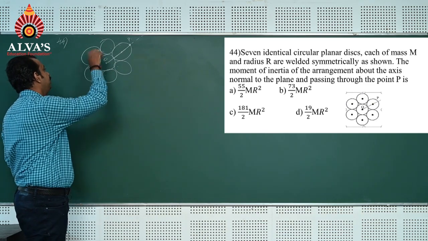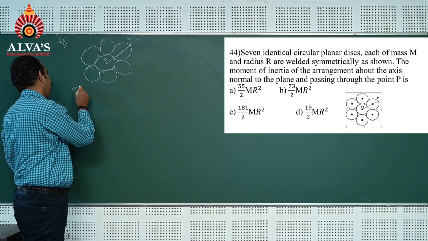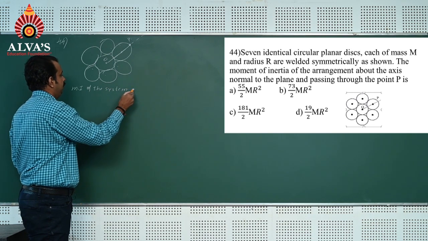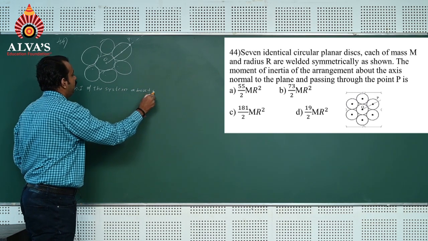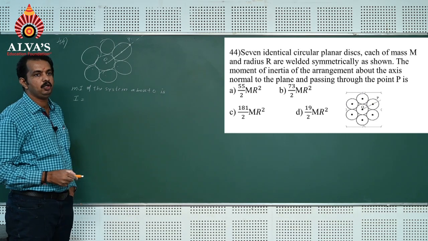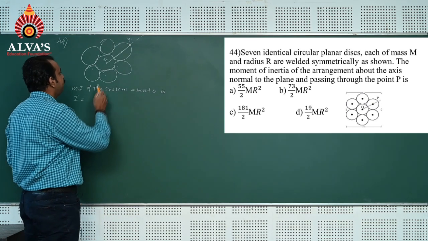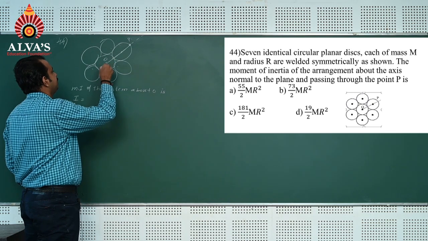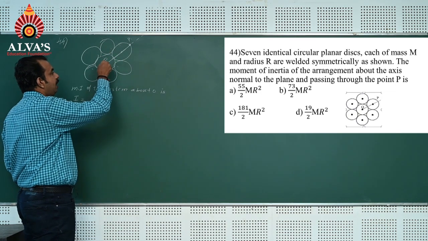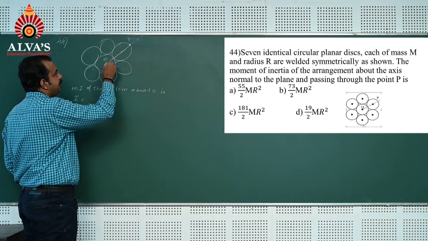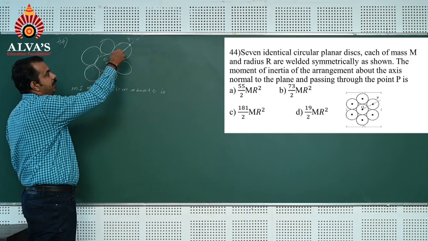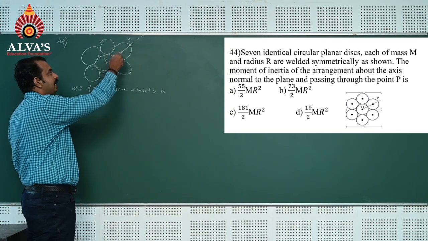The moment of inertia of the system about O is I, which is equal to the moment of inertia of this disc plus the moment of inertia of all the 6 discs about this point. For this disc we can directly write the moment of inertia. For the other 6 discs, we should use the parallel axis theorem.